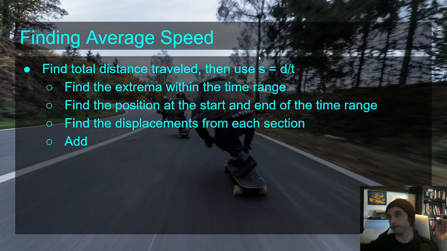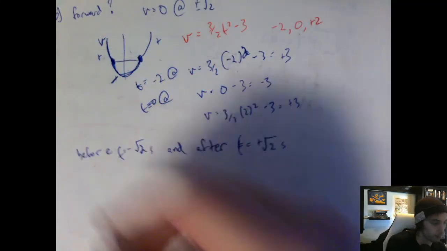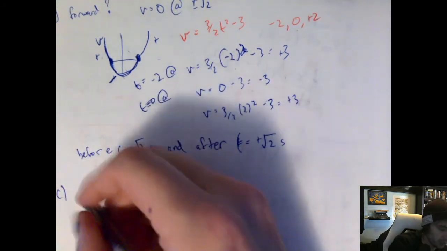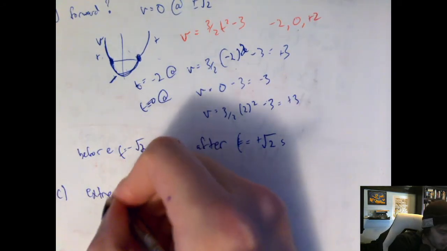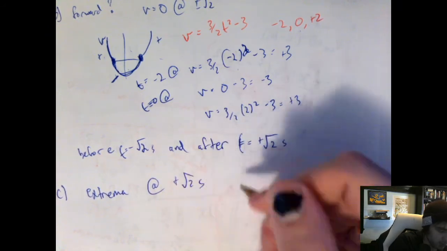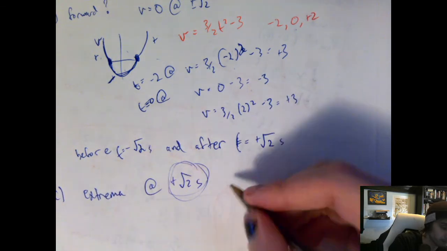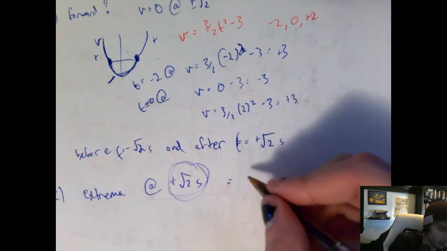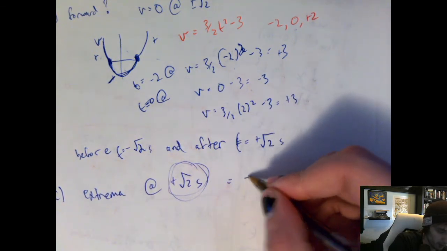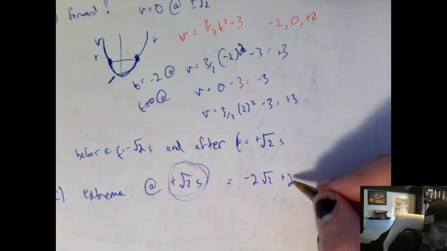So doing that for this one, which I've already done a decent chunk of the work for, my extrema were at positive root 2 seconds, which is the only one between our time range of 0 and 10 seconds. And the value for that one was -2 root 2 plus 2.